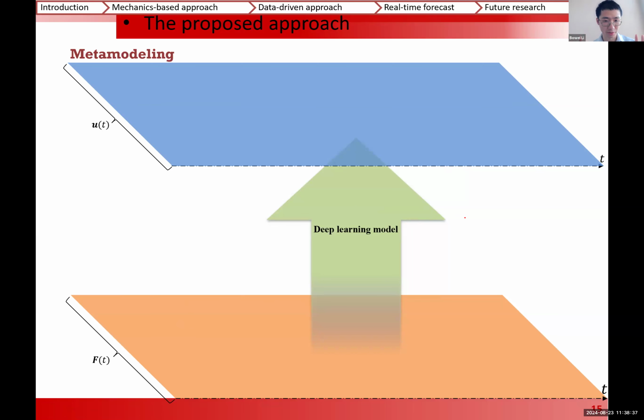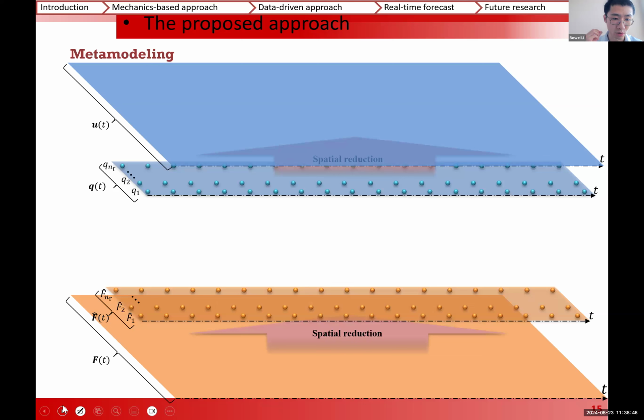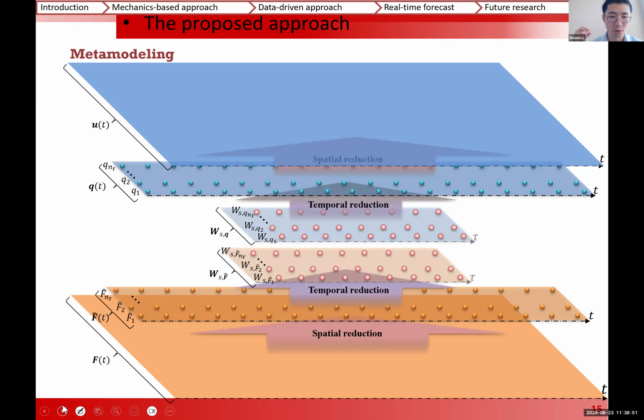So the first step is spatial reduction, to reduce the degrees of freedom. Secondly, we perform temporal reduction to reduce the length of the time series. After that, we have inputs and outputs with reduced size, and we can introduce deep learning neural networks to find the mapping from the inputs to the outputs with reduced size.